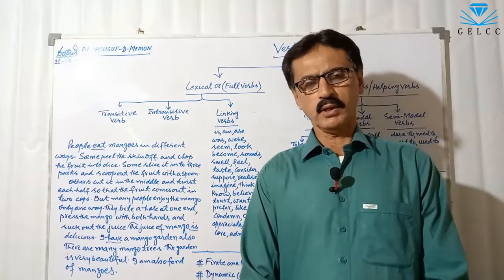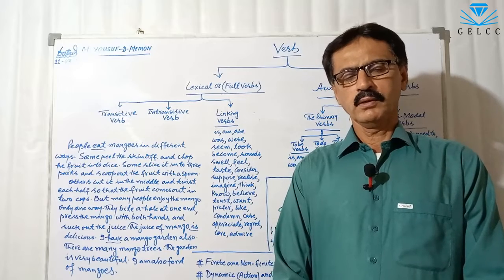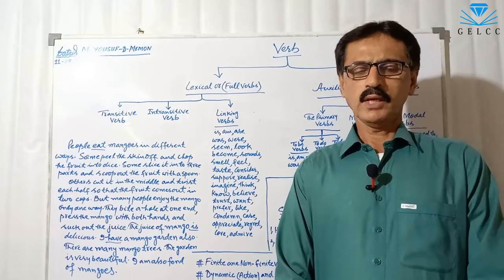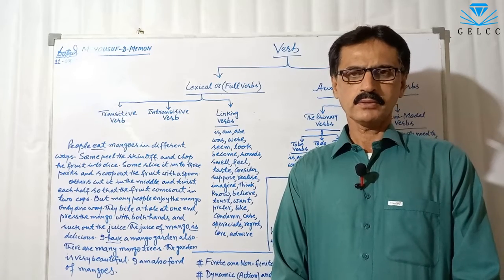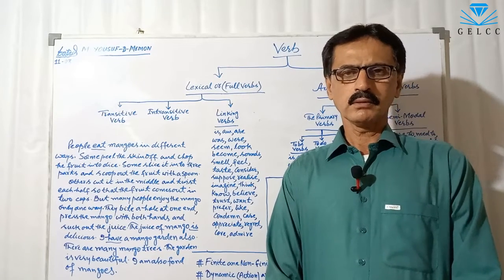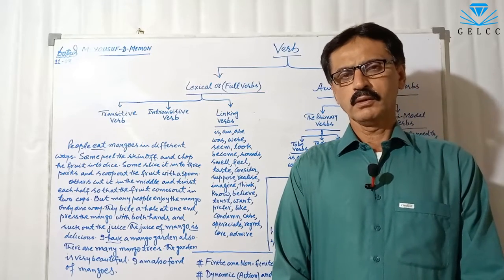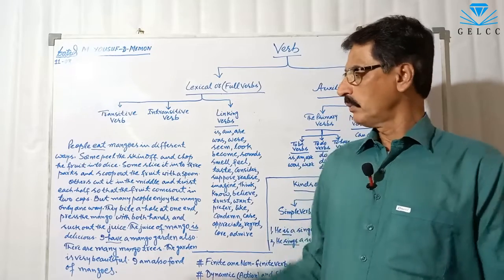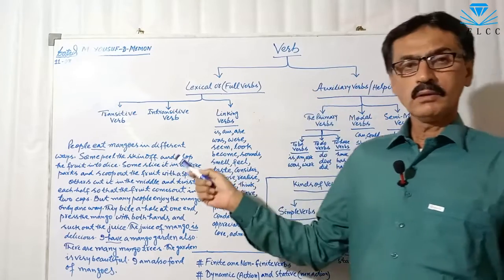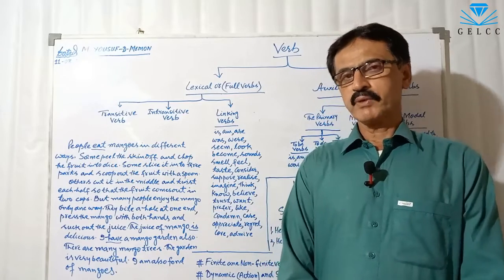Any of a class of words expressing action, existence, state of being, occurrence, or possession is called a verb. This is the definition of the verb which we have made from these 3 words.